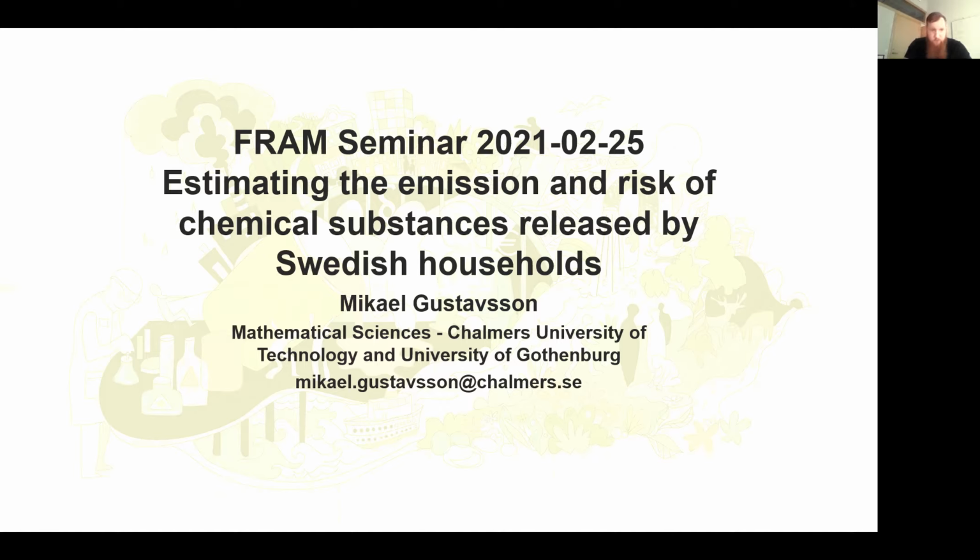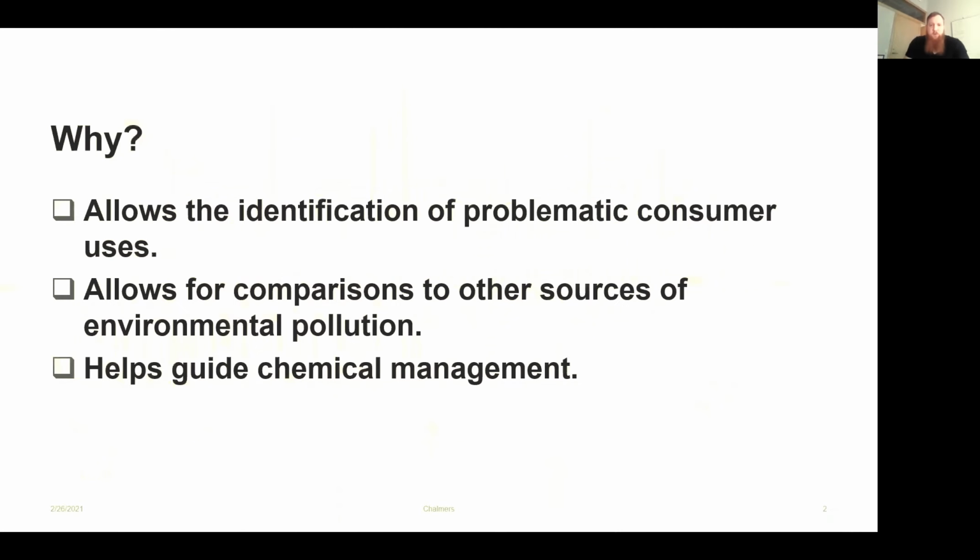So what we're going to do is estimate the emissions and risk of chemical substances released by Swedish households. Now, why do we want to do this? Why don't we just take some kind of environmental sample and look at that directly? Well, first of all, the resolution that we have right now in the modeling actually allows the identification of problematic consumer uses, which basically means that we can pinpoint if a compound is used as a solvent, as a softener, or as some kind of food additive, for instance.